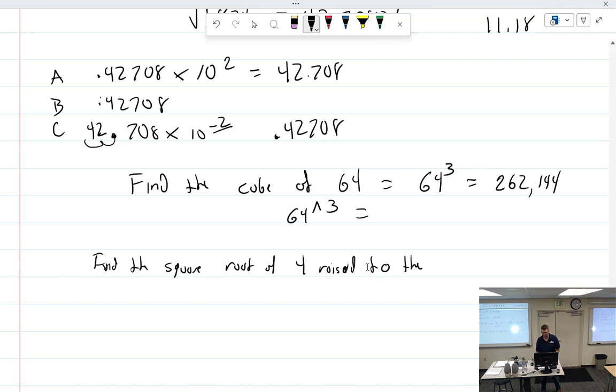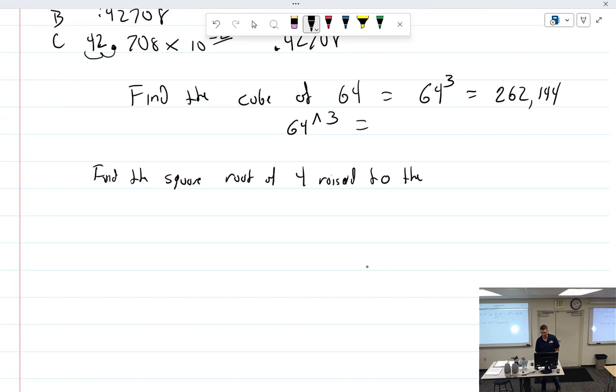So it would be this: 4 to the 5th power. Well, this is actually a 2, so you have the 5 there, so that's 2 minus 5, so that'd be 3, so 4 to the 3rd.